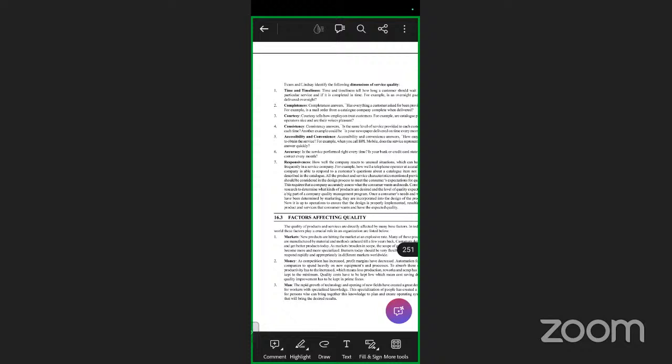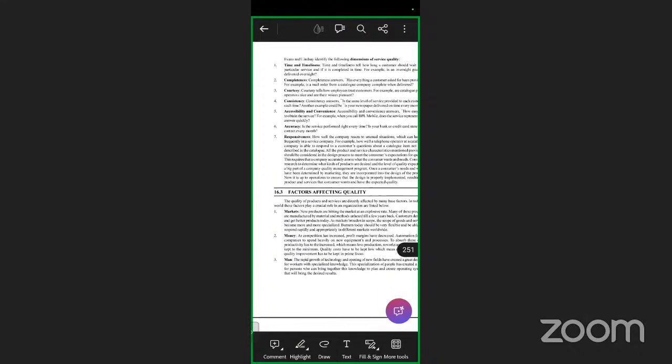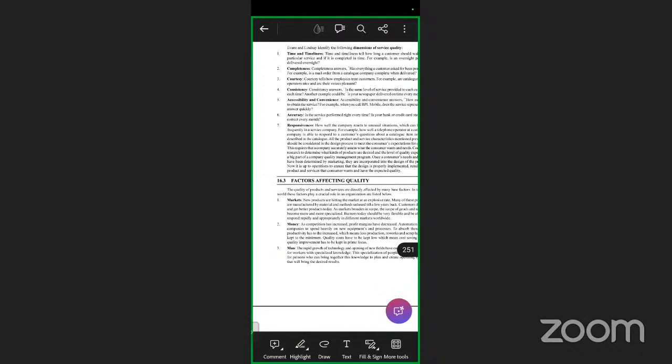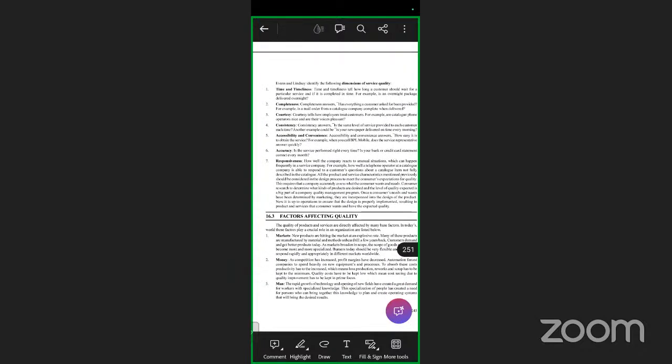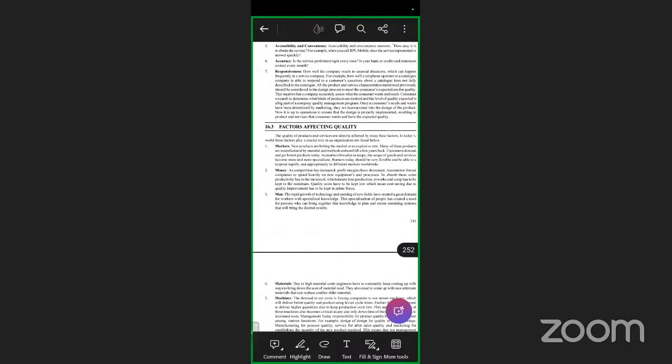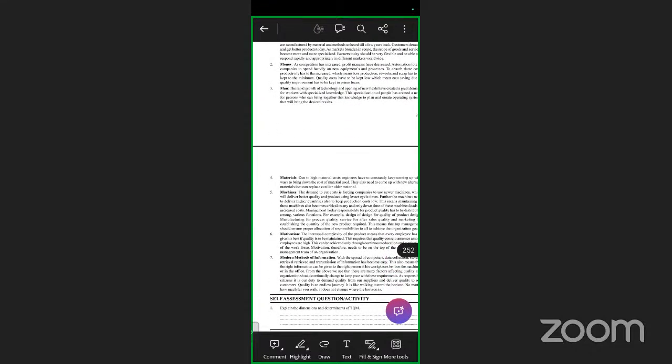Already we discussed the SERVQUAL model in previous classes: time and timeliness, completeness, courtesy, consistency, accessibility and convenience, accuracy, responsiveness. In the service sector, they use these 7 factors to measure dimensions of quality. And factors that may affect quality are market, money, man, material, machine, motivation, and modern methods of information.